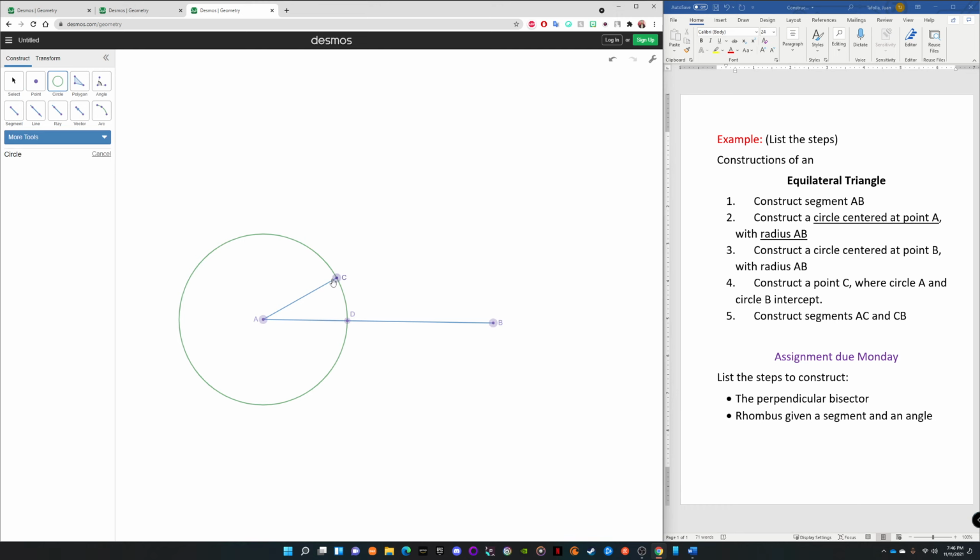Construct circle centered at C with radius AC. Construct circle centered at D with radius AD. Define point E where circle C and circle D intersect. Finally, construct segment CE and segment DE.